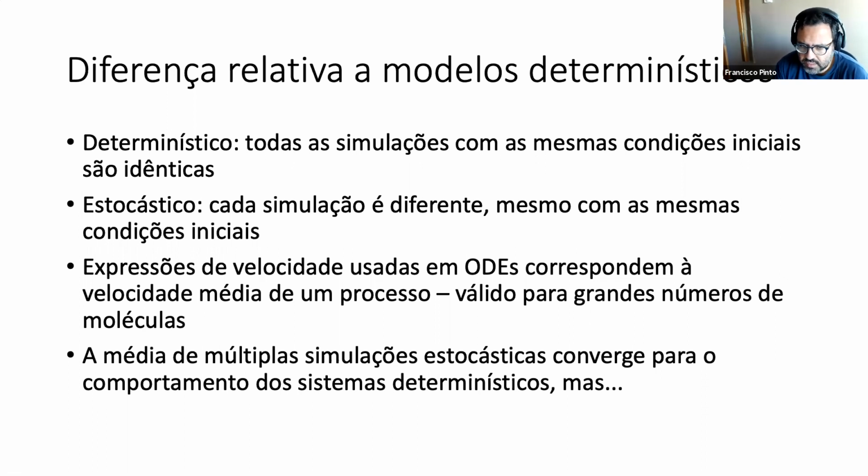While in a stochastic model, even if you start the system exactly with the same values for every dependent variable, the trajectory of the system can eventually be different every time we do a simulation. That's because at each time step in the simulation, we use some kind of random number generator to simulate what happens in reality in these systems.